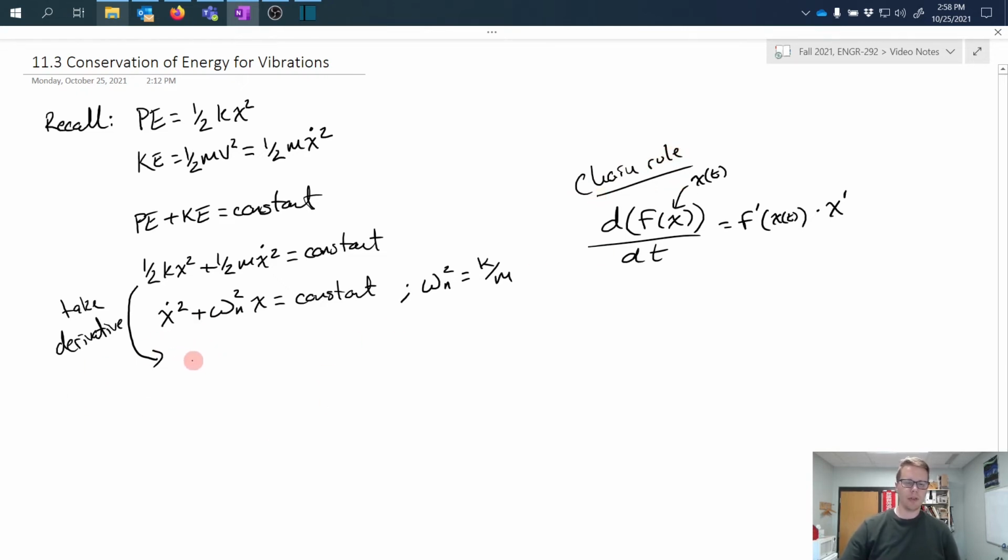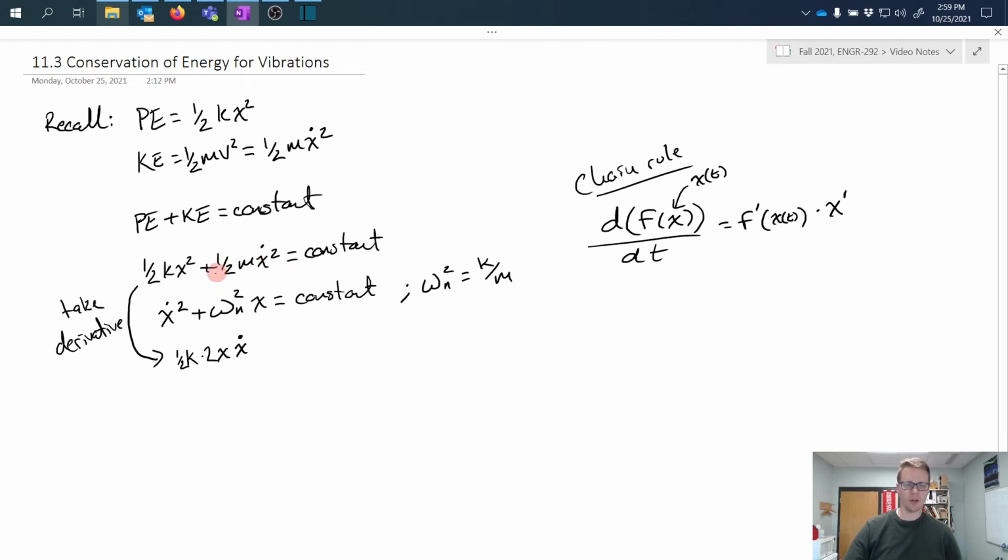So if I do that, I'm going to get the derivative first of the first term in my equation, which is 1/2 k, pulling out the constant. Now the derivative of x squared is 2x, and now I need the derivative of x itself, so I'm going to put x dot.